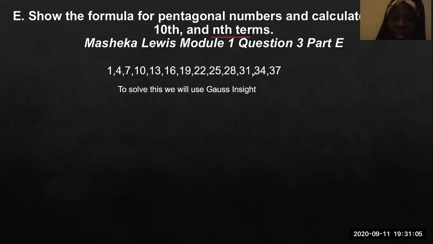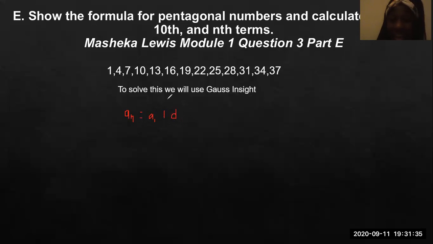So for the nth term, to look for this, we have the equation, let's erase this. We have a_n equals a1 plus d.